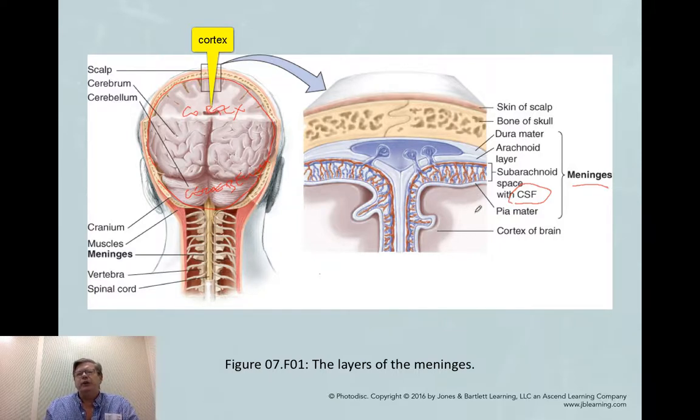And we saw how these different layers keep the cortex protected from any damage to the skull or to the blood supply that may affect the way the cortex is functioning.